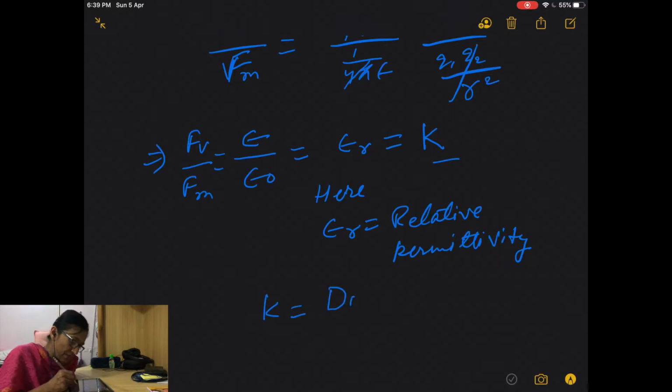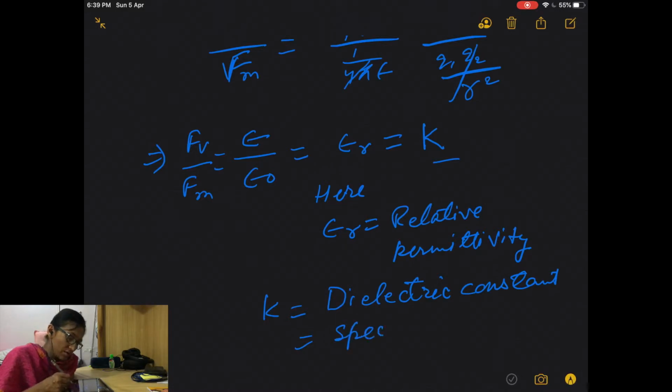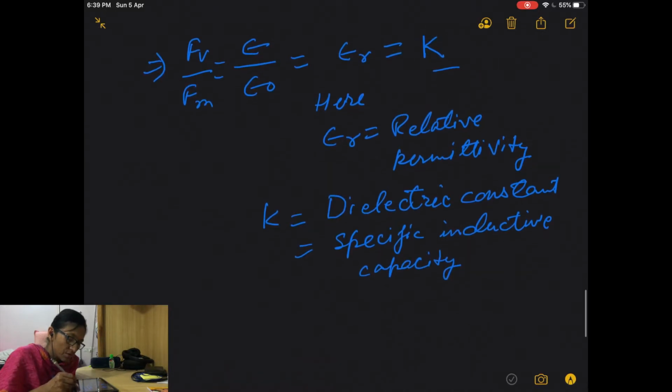This capital K is called dielectric constant, and this is also called specific inductive capacity. Okay.